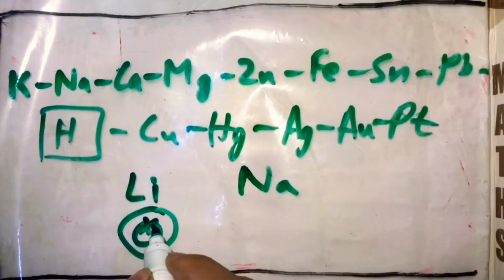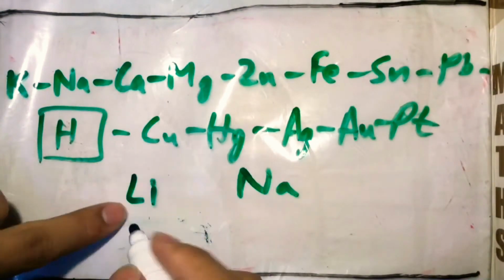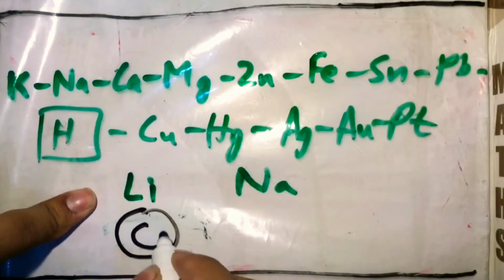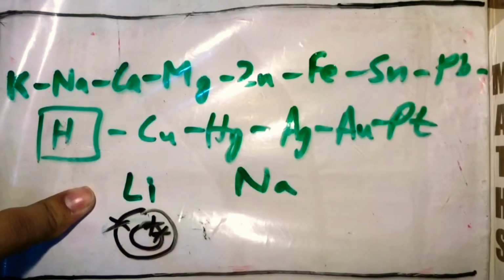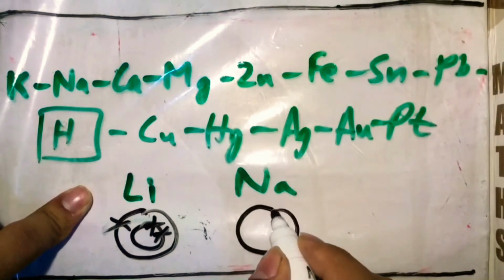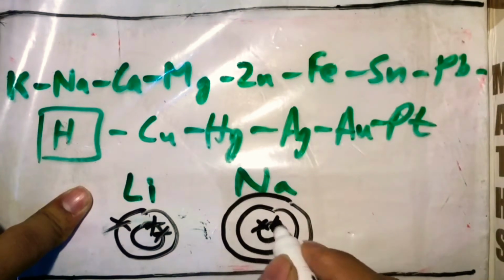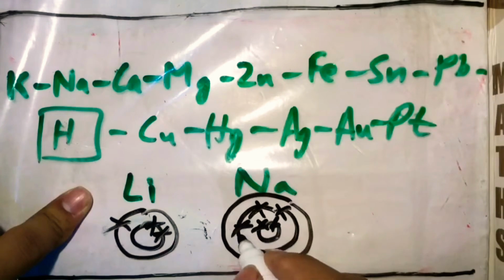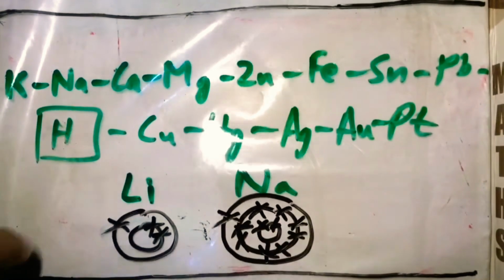The first shell is full and the second shell has only one electron, while in sodium there are three shells. The first two shells are full and the third shell has only one electron.